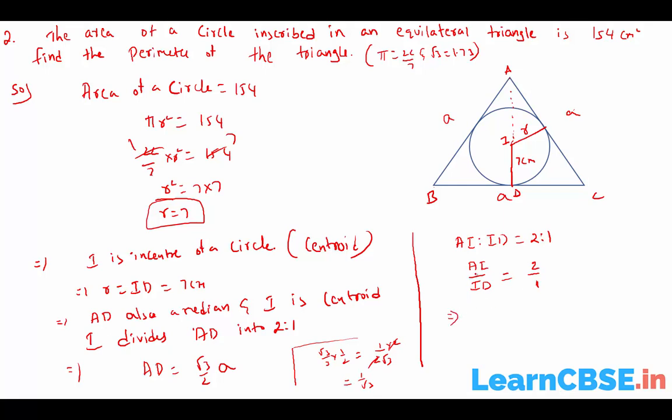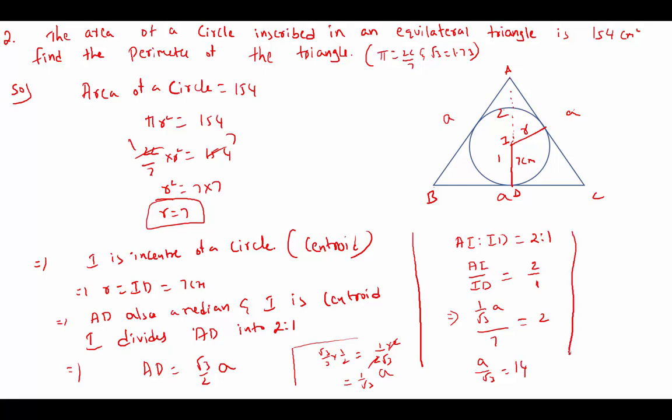So AI equals to 1/root 3 a, means dividing this total into 3 parts and taking 2 parts, because AI is 2 parts, ID is 1 part. ID radius 7 centimeters equals to a by root 3 equals to 14 from this. A equals to 14 root 3 and perimeter of triangle equals to 3a. That means 3 into 14 root 3 gives 42 root 3 centimeters.